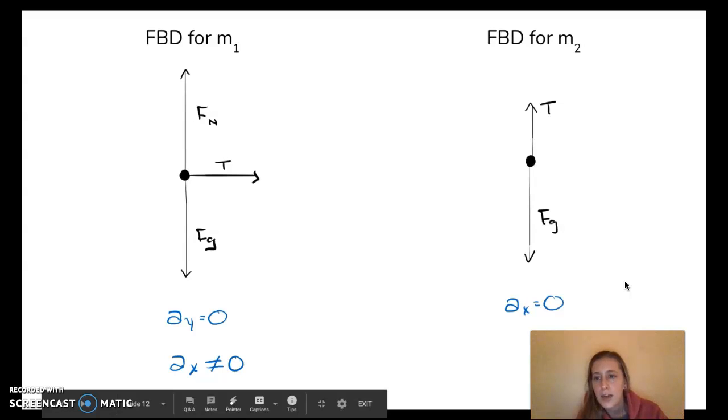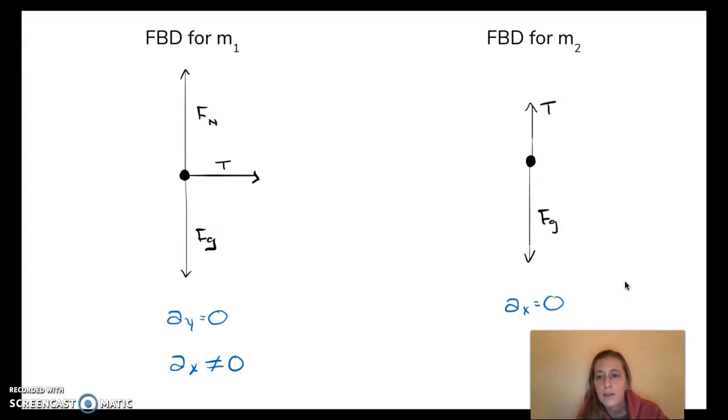For the second object, we can see that there is no acceleration horizontally or in the x direction, so ax is equal to 0. However, in the vertical direction, the acceleration in the y direction is non-zero.